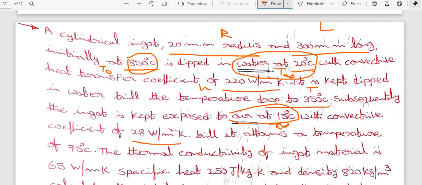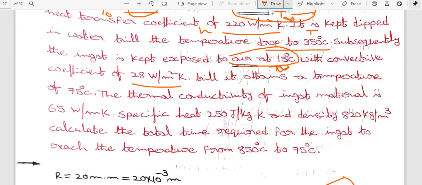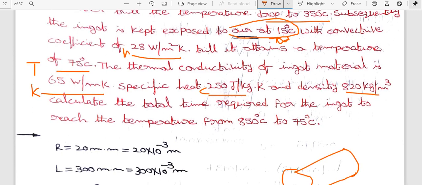So in this cylindrical object, there are two stages: it is dipped into water and it is also exposed to air. That's why there is a separate H value for air, until it attains the temperature of 75 degrees, which is the T value. The thermal conductivity of the ingot material K is 65, specific heat Cp is 250 and density rho is 820.